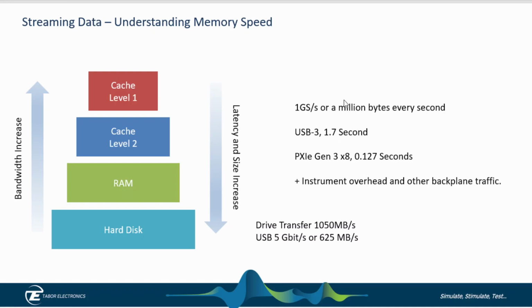The other thing that you might want to consider as well, and you achieve this by looking at the different waveform sizes that you're going to work with, and through experimentation and just some iterations, is what's the instrument overhead you're going to deal with, and any other backplane traffic. For example, what else is on your PCIe bus? Are you sharing the fast PCIe streaming with your GPU card? Is there a video card there? What is slowing down your bus? So you got to take all that into consideration when you're doing it, and it's a little trial and error, but you can get there.